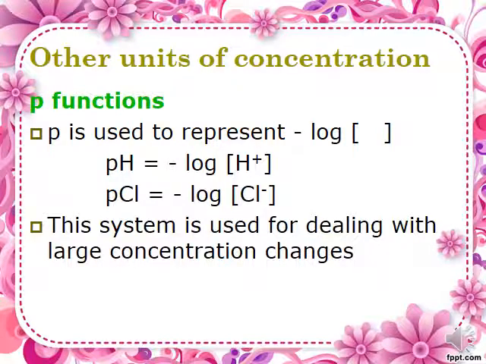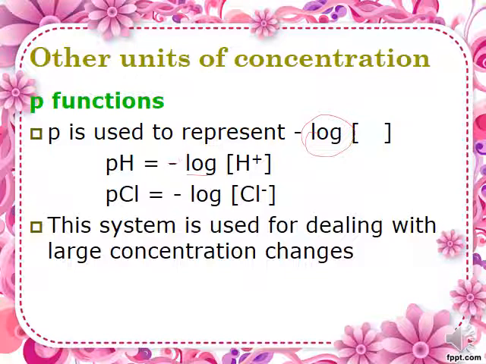The other units of concentration include the p function. If you look at your calculator, you will find the symbol log. So pH is calculated by pressing the negative log button.